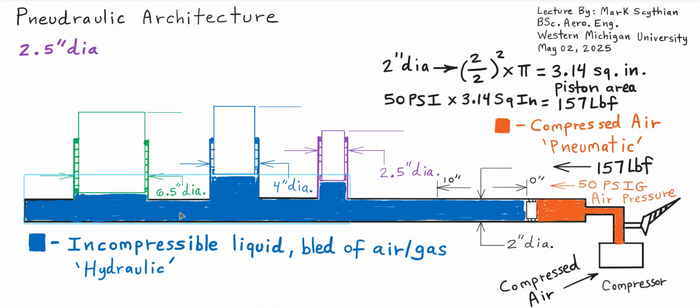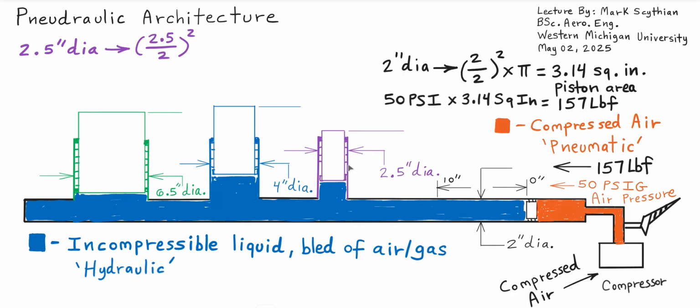The only thing that will change is the piston diameters, and of course the force amplification and how much they displace. That will only be the variables. Constant remains the pressure.